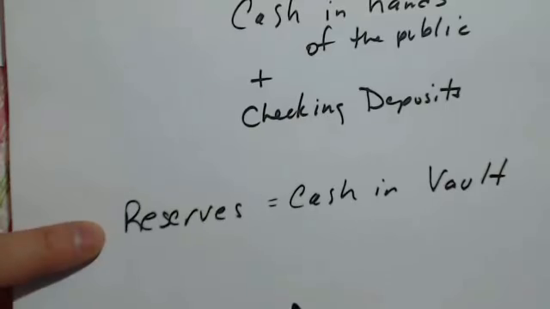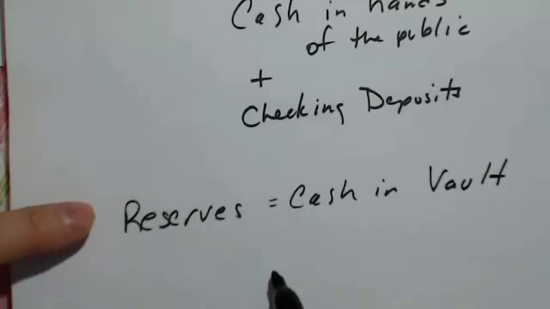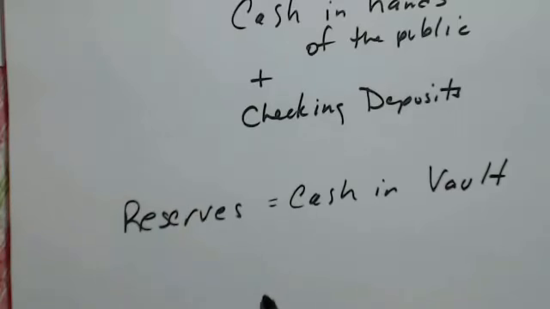So basically, you deposit money in the bank, and the bank needs to keep a certain portion of that money on reserve in its vault in case you want to withdraw your money from the bank. It can't just loan all of its money. All the money that you deposit can't be loaned out. Otherwise, if a number of people tried to withdraw money, there would be no money in the vault to do that. And so the bank would run into trouble, and it could go bankrupt or have to call on the Fed to bail it out for liquidity purposes.